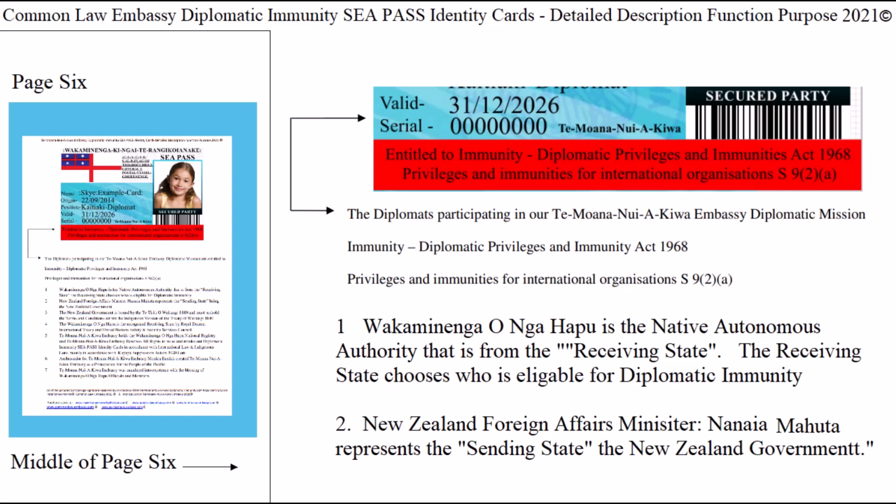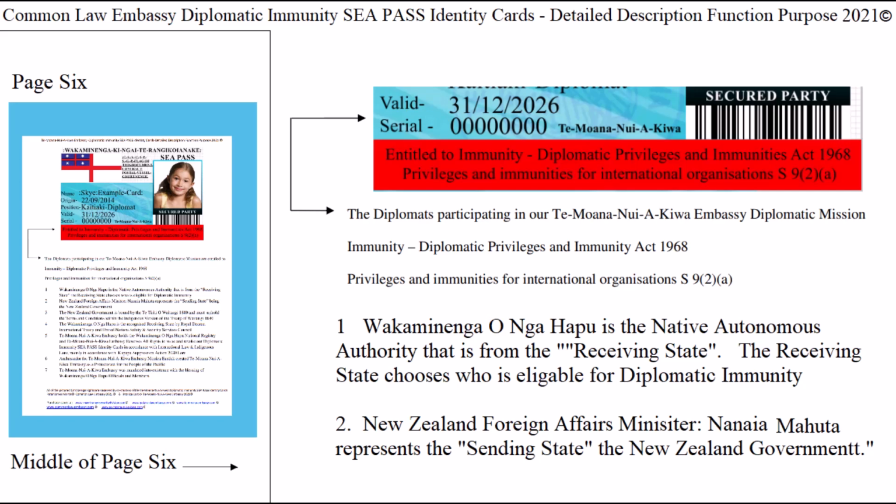Okay, in an actual recognised nation with a recognised jurisdiction, and we're the larger nation. Okay, so Wakamingi o Ngā Hapu is the Native Autonomous Authority. We don't have to dispute that. That's a fact. And it's a fact that Wakamingi o Ngā Hapu Native Autonomous Authority are the receiving state members.